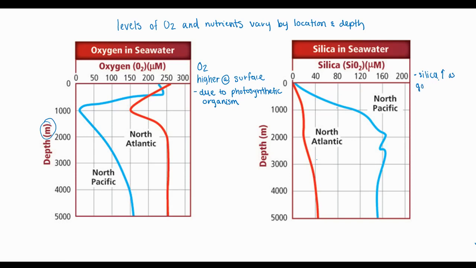So silica increases as you go down in the ocean because decaying organisms sink, and therefore silica is higher at the bottom.